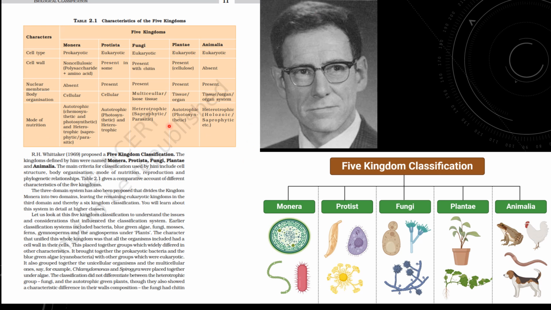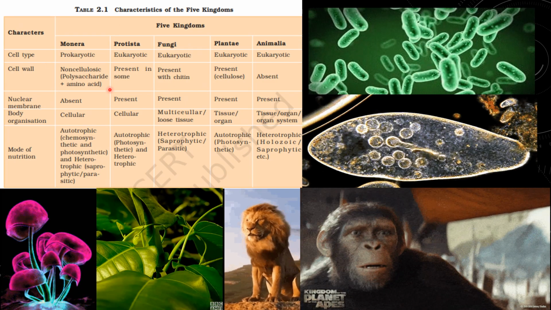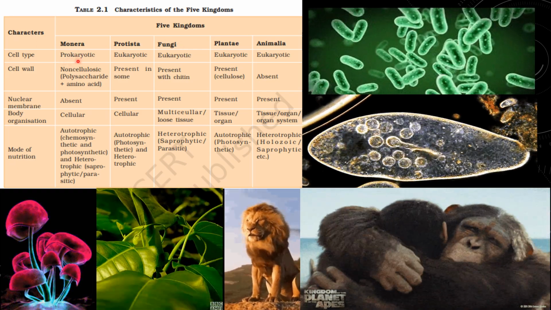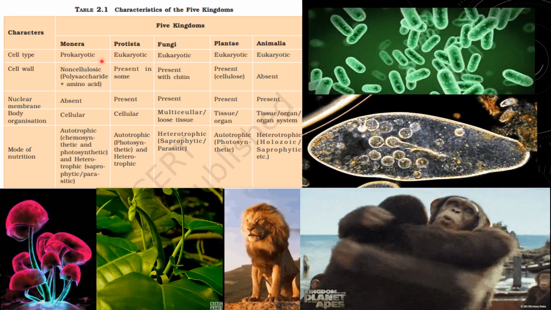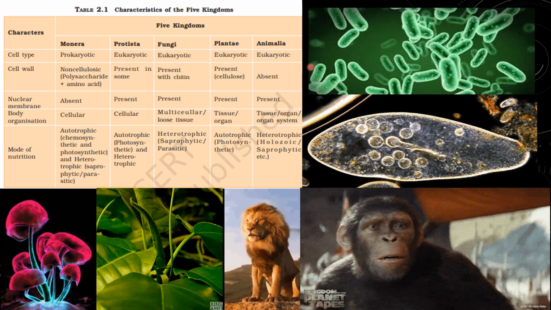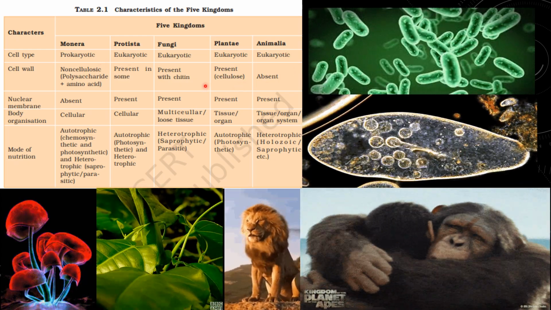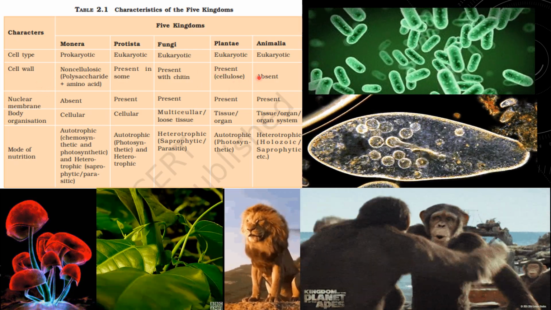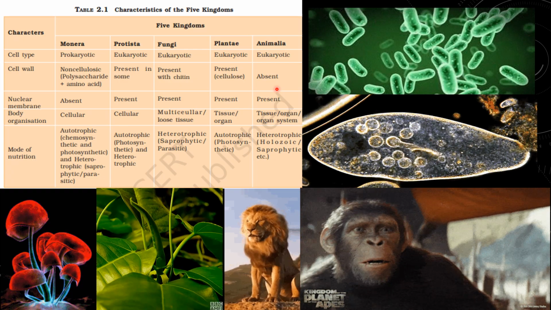All these characters are very important. This table is very important. Here, Monera are prokaryotes in which there are no membrane bound organelles. In the case of Protista to Animalia, all are eukaryotes, meaning they have membrane bound organelles. In the case of the cell wall, Plantae have a cellulosic cell wall, but in Animalia there is no cell wall.